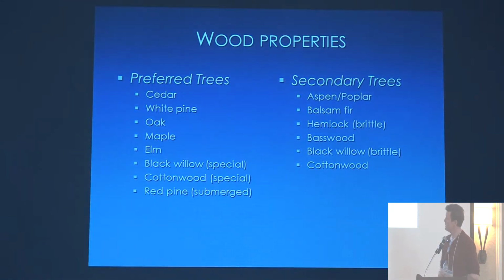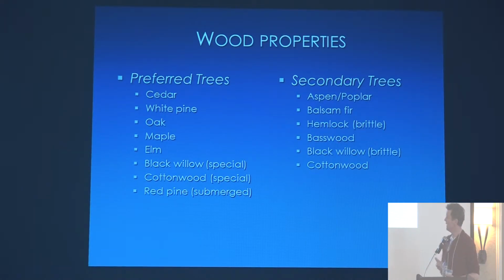The preferred species around here, cedar, you're never going to get it. But if for some reason you had a chance to use cedar and somebody had some, that'd be great. You might think about selling it for lumber instead and then using that money to buy other wood. White pine, a lot of the pines are good.